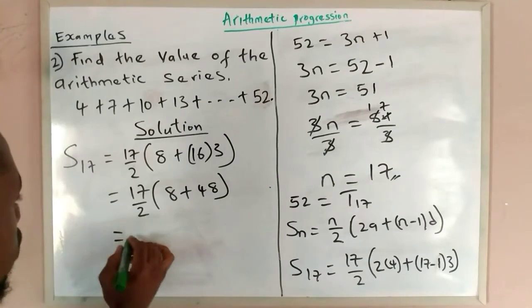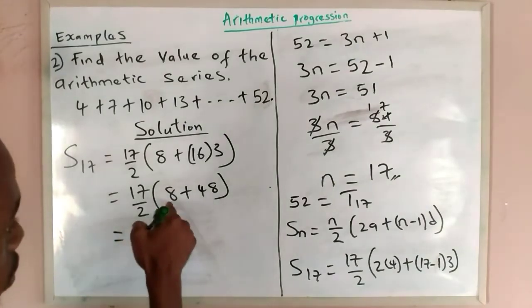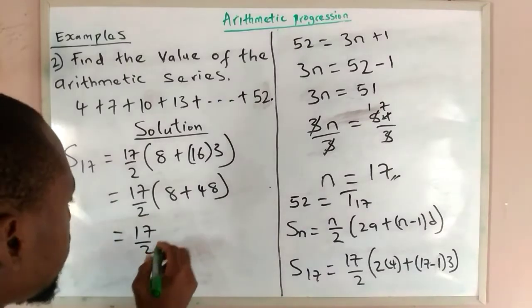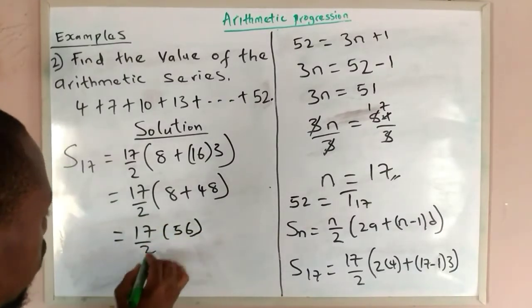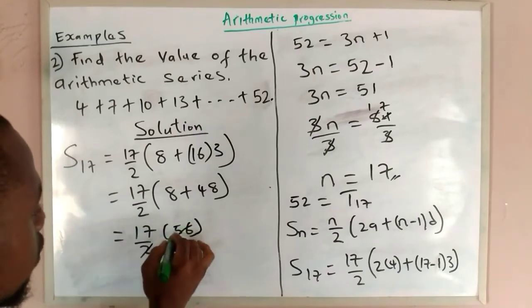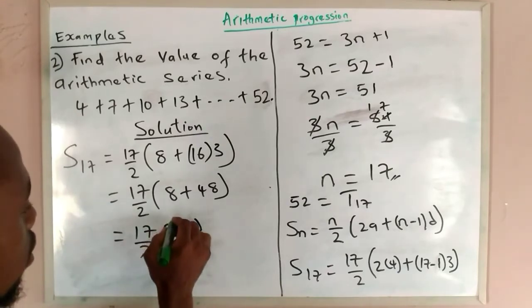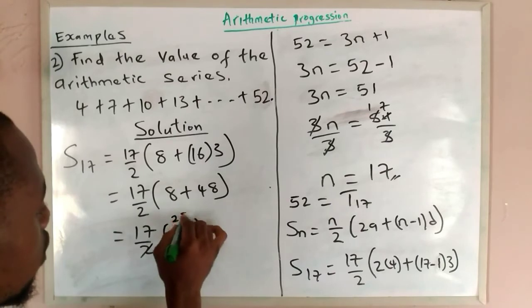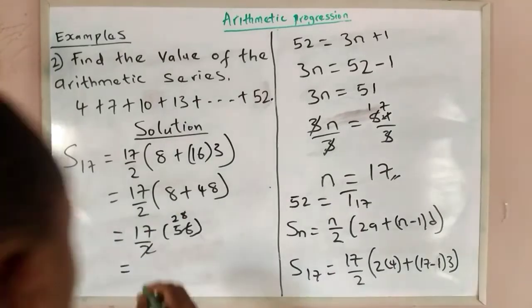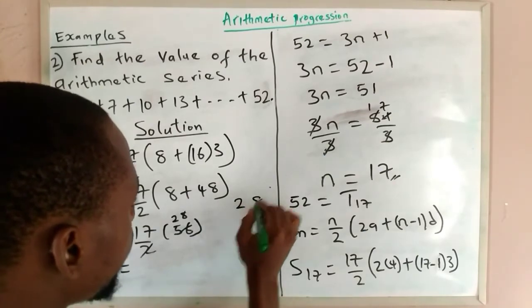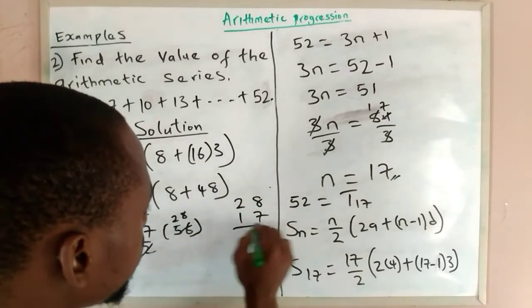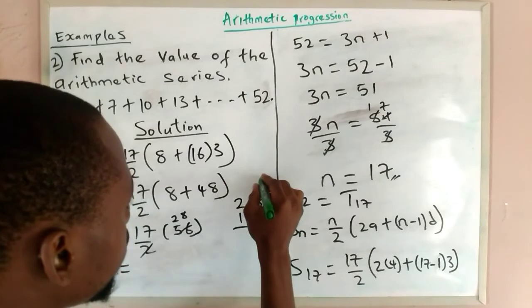and this will be equal to 17 over 2 into brackets 8 plus 48, that will be 56. So these two can divide 56. That will be 2 remainder 1, 28 times. So now we have 17 times 28, and we have 7 times 8, that's 56, remainder 5.